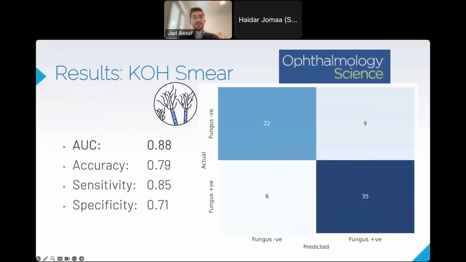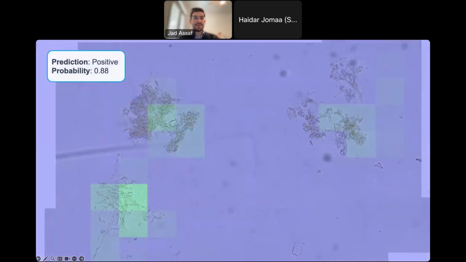We're able to reach pretty good accuracies with an AUC nearing 90% and an accuracy nearing 80%. We were also able to use this MIL, multiple instance learning network, to give us heat maps. And if we zoom in, we can notice that these heat maps flag areas that have some filaments in them.